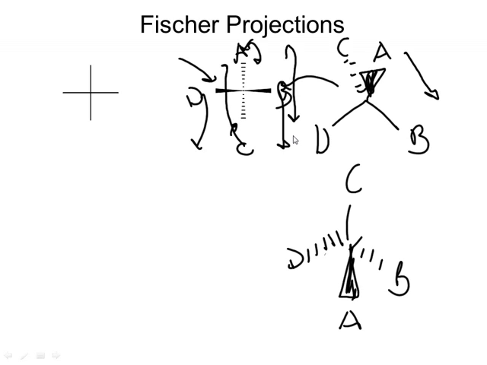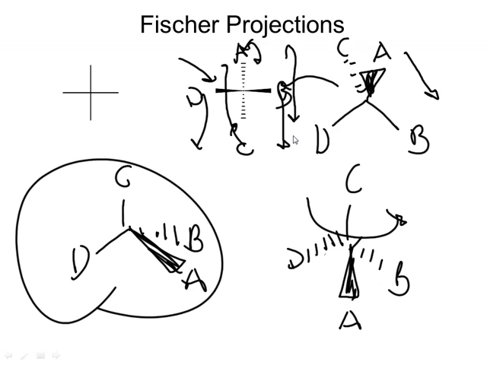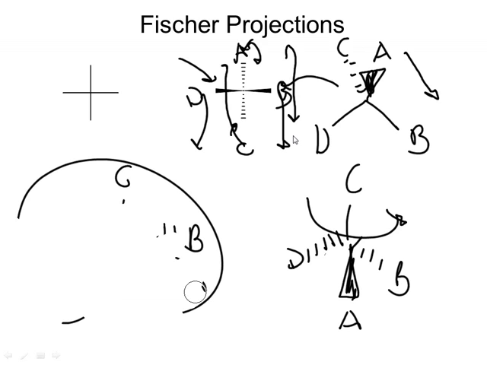And now I can twist it to the right a little bit, and I'm going to get D straight out here, A, B, C. This can get really, really nasty to try to follow and go in and out. But I may ask you to convert between a Fischer projection and a projection like this. So you'll want to practice that a little bit.